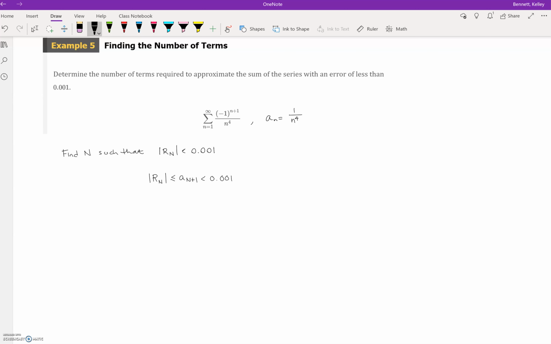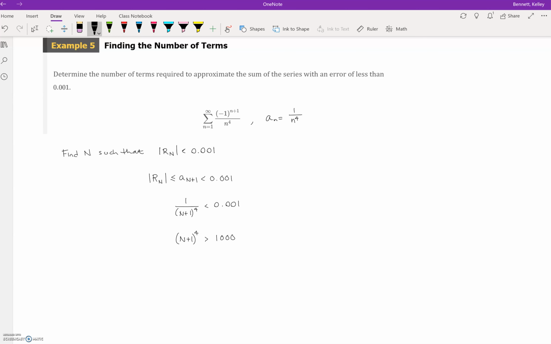Therefore, a sub capital N plus 1 is 1 over N plus 1 to the 4th, and we want to know what values of N will make this true. So I'm going to flip both sides, and if I flip, I have to change the direction, and the reciprocal of 0.001 is 1,000.